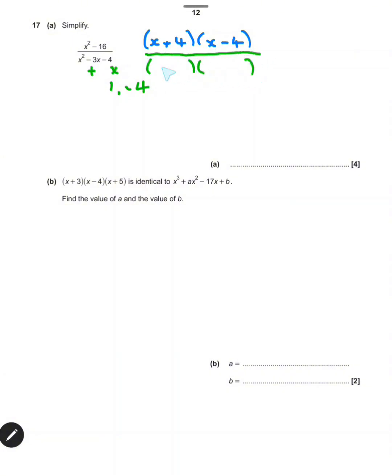Double brackets again, x in both brackets, and these numbers I just found, +1 take 4 is my quadratic factorised. We're happy because we've got a matching bracket top and bottom, meaning we can just cancel that and we're left with x plus 4 over x plus 1.